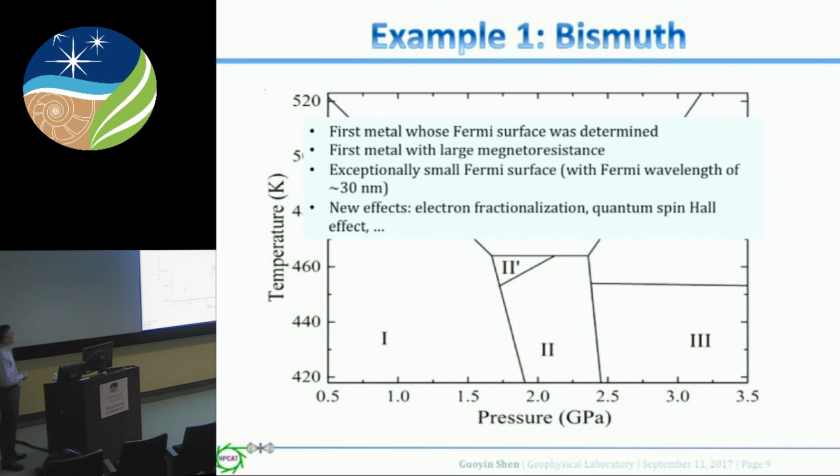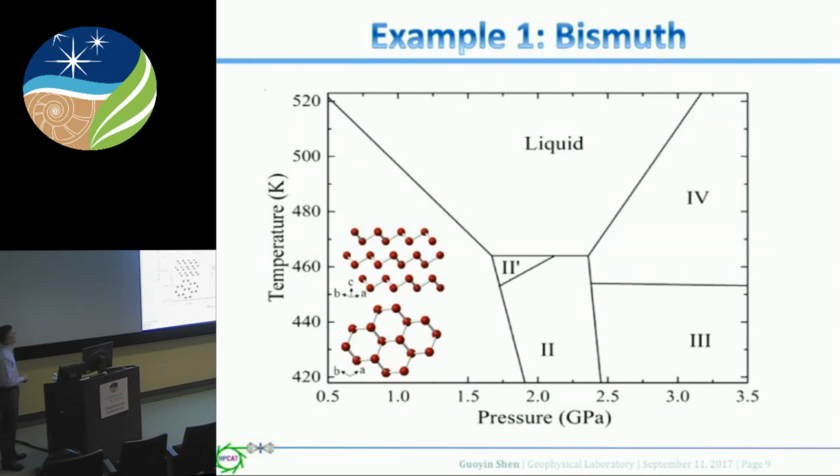It's well studied. Bismuth I actually has an open structure. It's a rhombohedral, layered structure, relatively open.